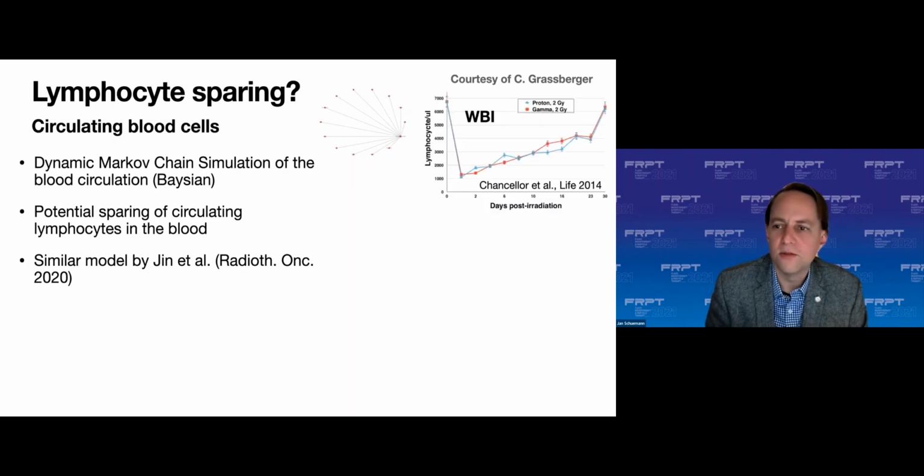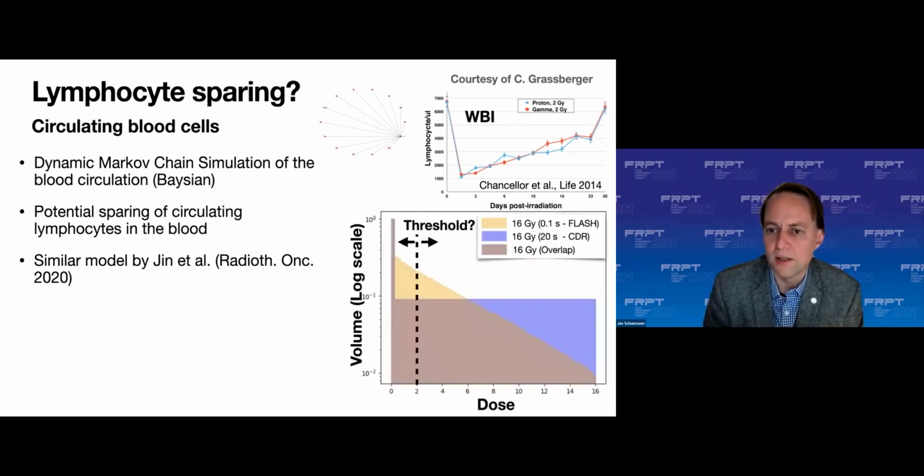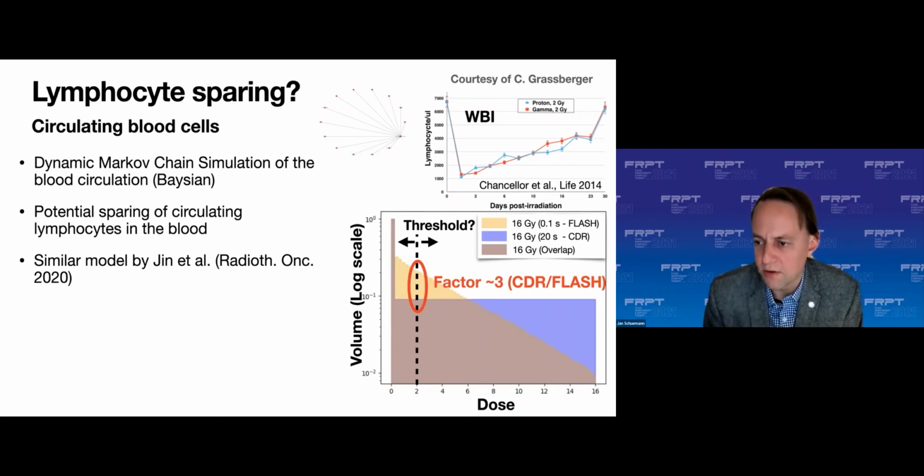If you assume that for a FLASH irradiation, only the blood that's actually in the target volume receives the entire dose, whereas for conventional dose rate, your blood keeps flowing through, you can have actually significant portions of the blood irradiated. And if you see here with 2 gray, you can actually deplete a lot of the lymphocytes. And so you can model this. If you use a 2 gray threshold, this would give you potentially a factor 3 sparing of the lymphocytes in the circulating blood for a 16 gray delivery.